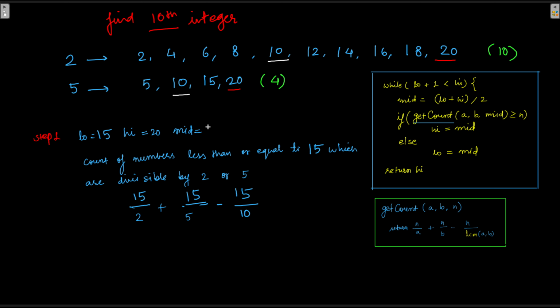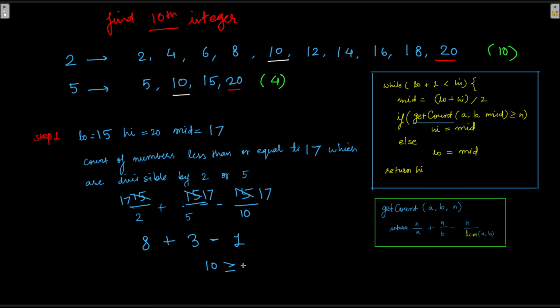15 plus 20 divided by 2, and this time we are going to get 17 as our mid. So it is going to be 17 divided by 2, 17 divided by 5, and here it is going to be 17 again. So what do we get here? 8 plus 3, minus 1 again. 11 minus 1, 10.